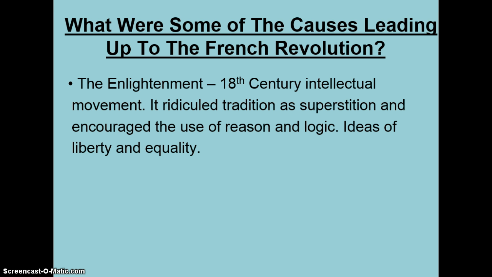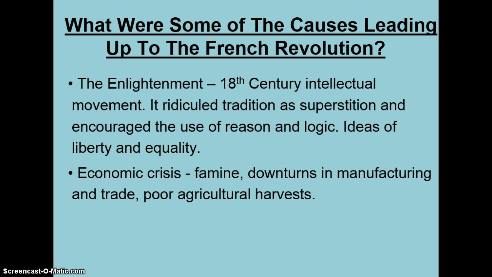This had important underpinnings for the French Revolution. Also, during the year previous to the French Revolution, in the late 1780s, there was an economic crisis. The government of France had gone into debt, and at the same time, because of long winters and a severe drought the previous summer, famine spread throughout France.